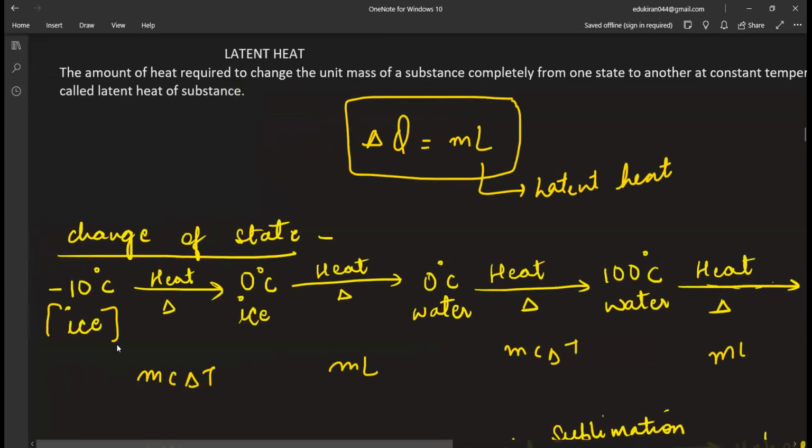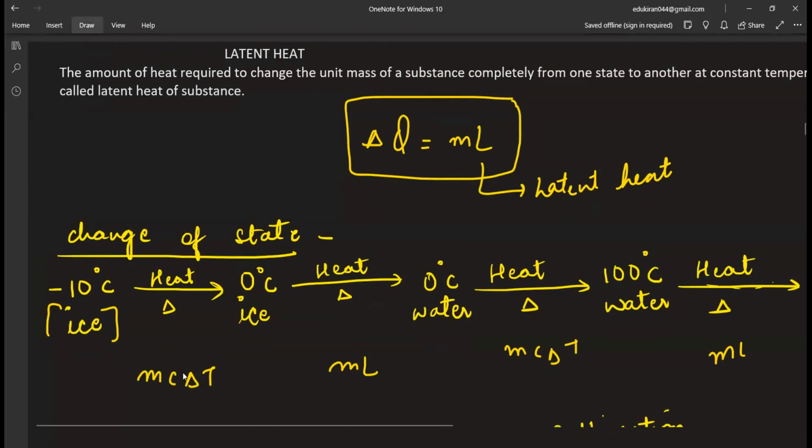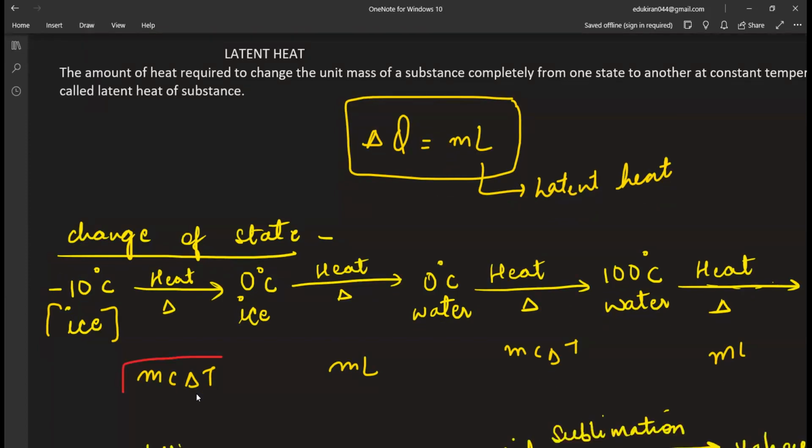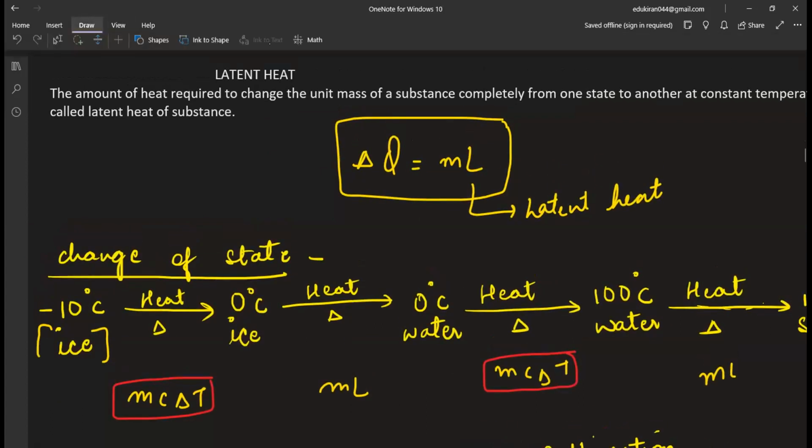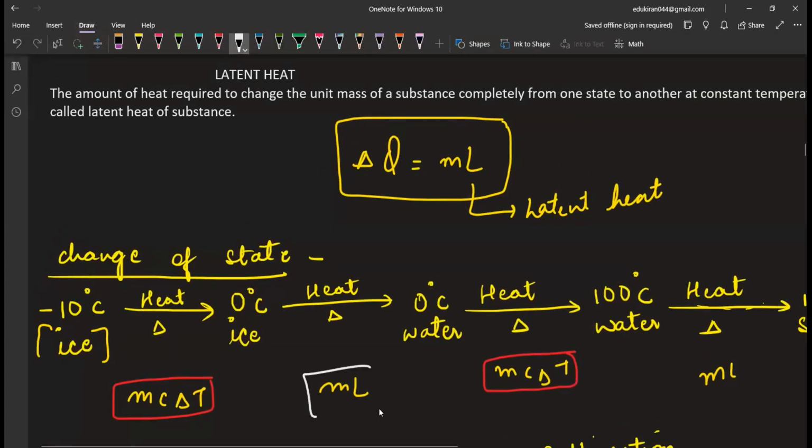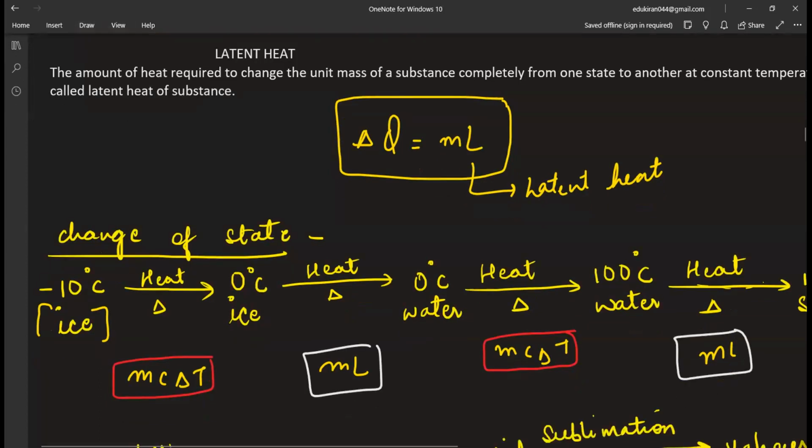Whenever temperature is changing, you use MC delta T. And if you see the state is changing, ice to water, water to steam, use latent heat.